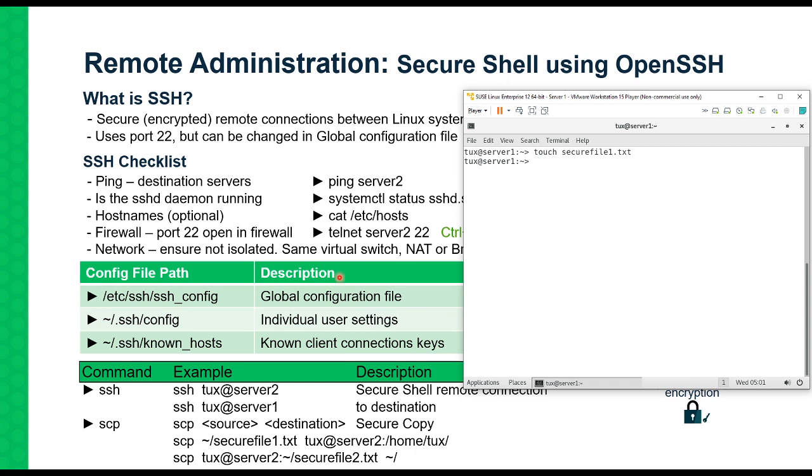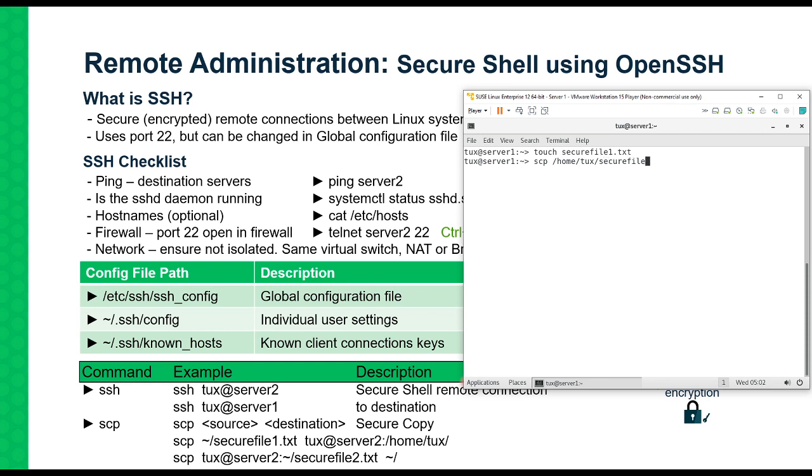And our instruction says we need to copy this file, which is currently an empty file, to our server 2. So let's do that. I go SCP. We'll use the home directory, and you can type in the word secure file. The moment you tab it out, it will automatically resolve the tilde for you.